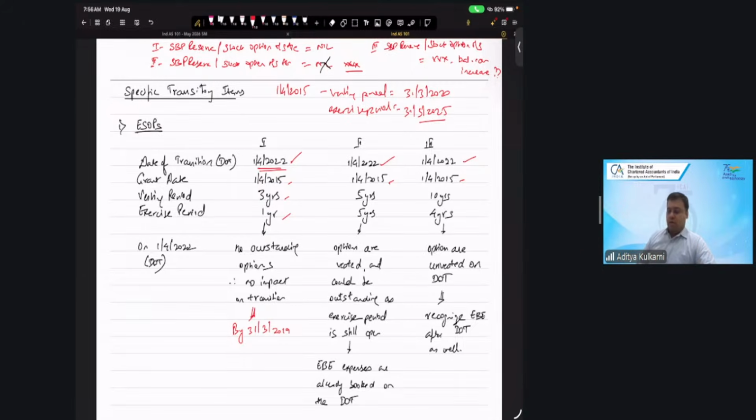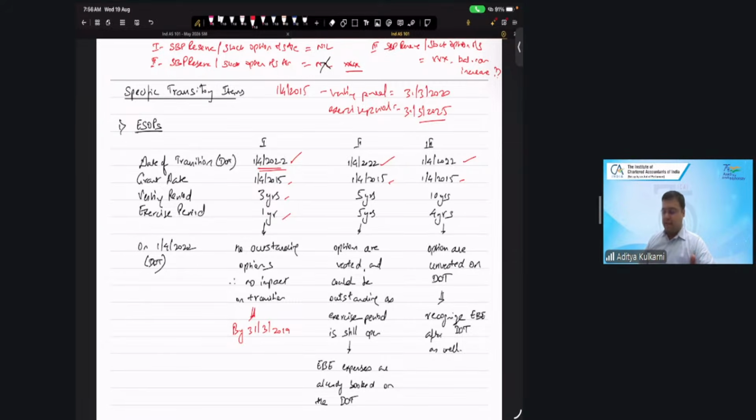Now, in these three cases, the first case, will it have any impact on the date of transition? Under Ind AS, I have to use fair value. Yes or no? Because Ind AS 102 requires you to measure it at fair value.